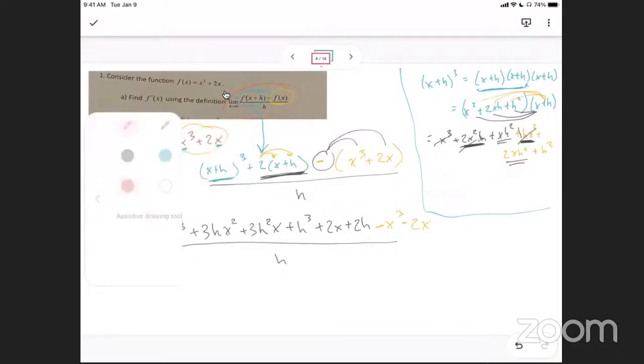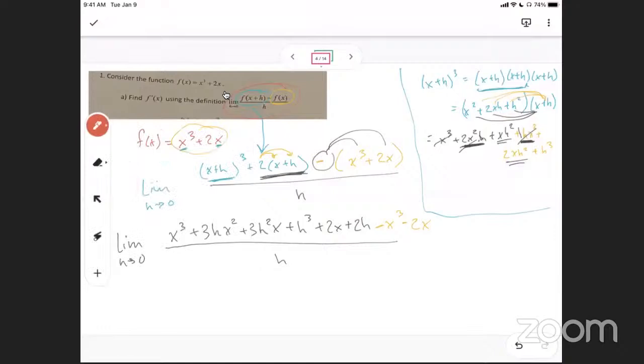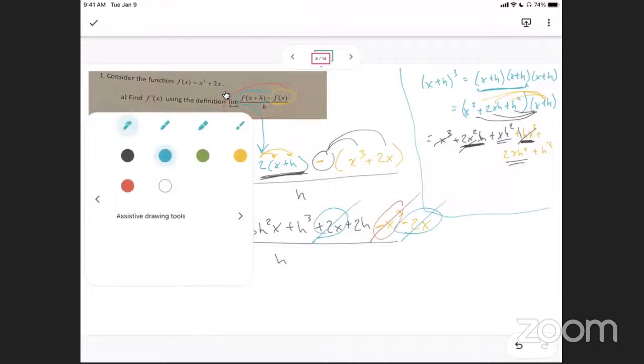I know this is a mess. You're like, what in the world are we doing? Right? Yeah, but watch what happens. This and that, gone. The 2x and minus 2x, gone. And now I can factor an h out of everything and make it disappear too. I'll do this in green.